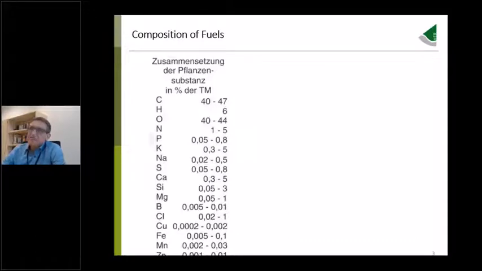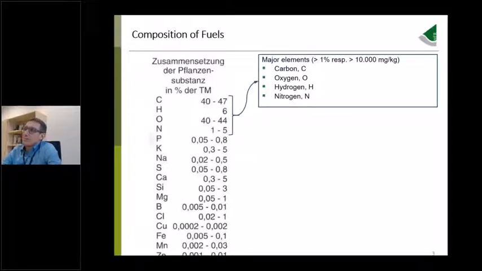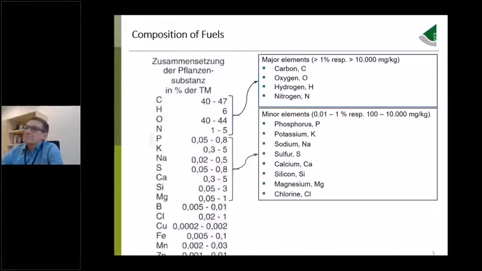Among those elements, we have major elements, which are contained in wood in concentrations higher than 1%. That is mainly carbon, with about 40 to 50 mass percent, then oxygen, slightly lower, and hydrogen, while carbon and hydrogen are our combustible elements.